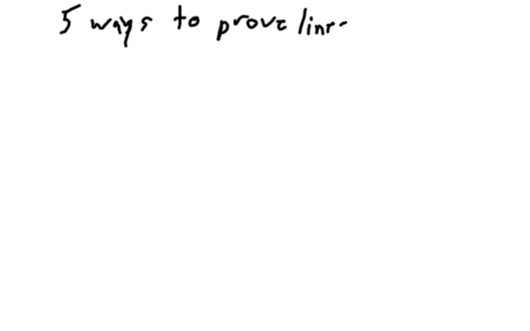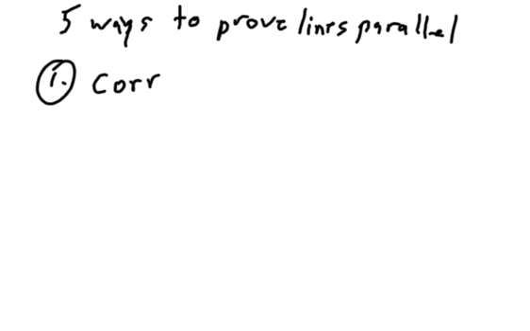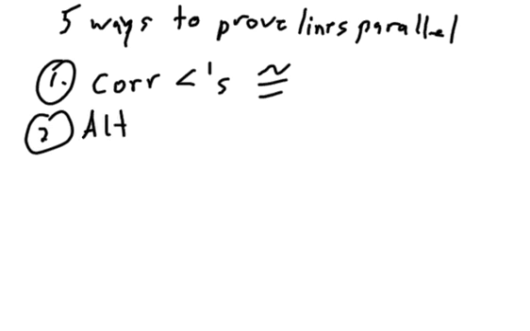And that's it. So basically, our conclusion here should be that there are 5 ways to prove lines parallel. The first way, show that corresponding angles are congruent. Second way, show that alternate interiors are congruent.